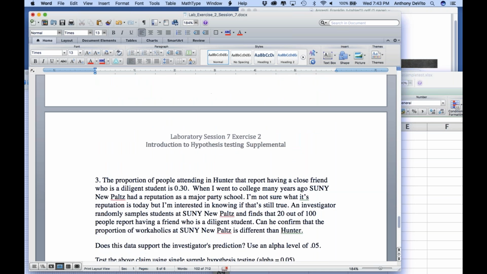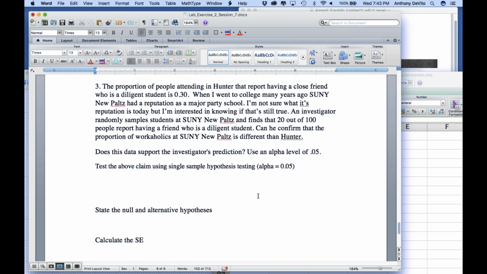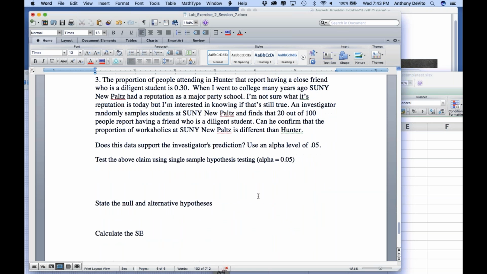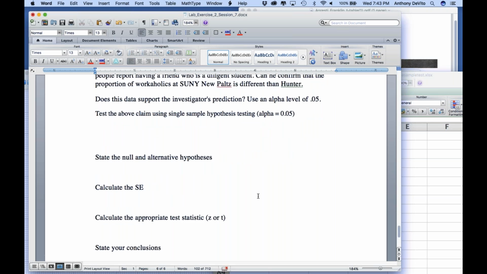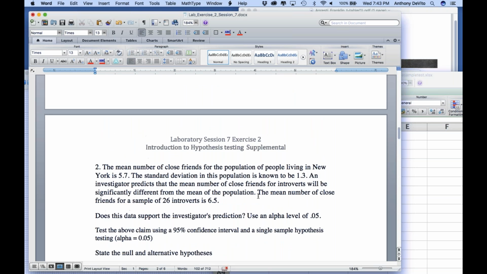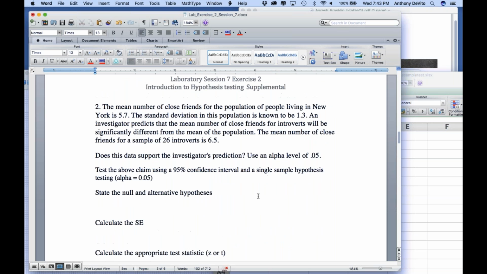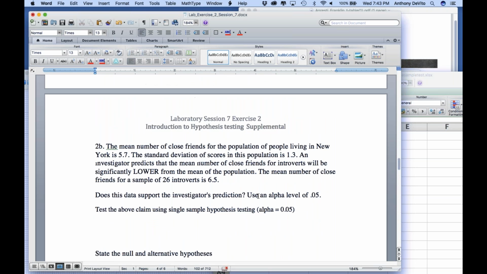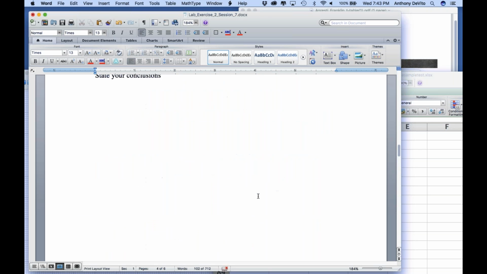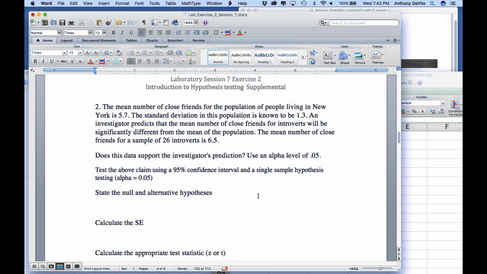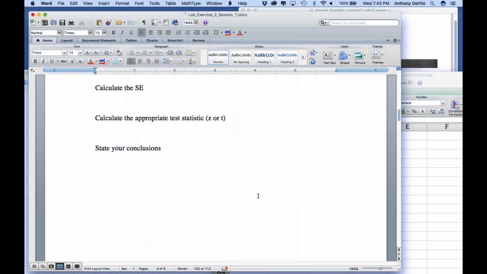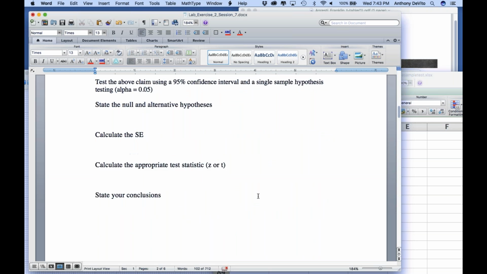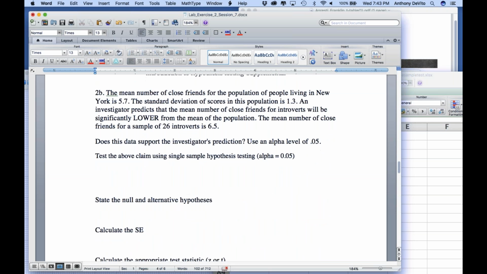No, I'm looking for one that's a little bit different. I'll come back to that one. I'm going to take one of these and change it a little bit. That way I can demonstrate what I'm trying to demonstrate. Let's see. Okay, that'll do.